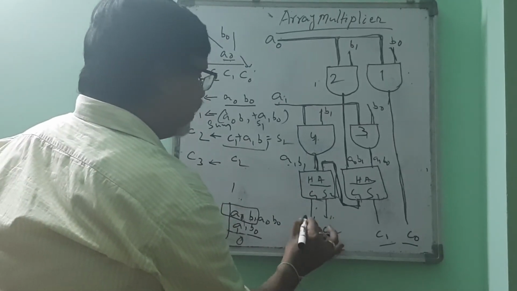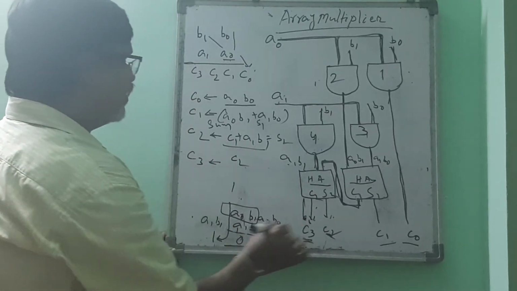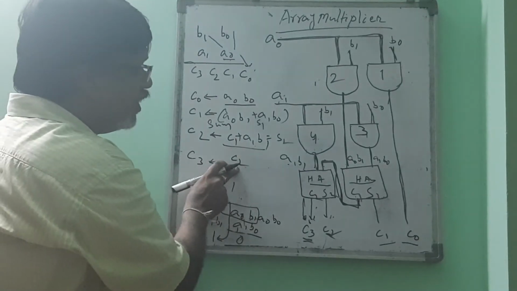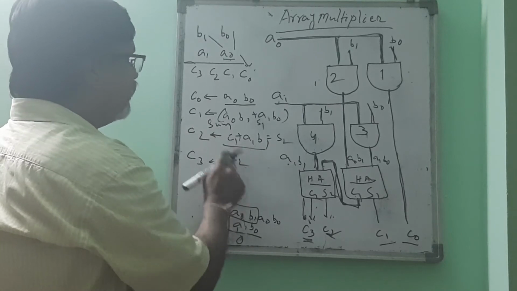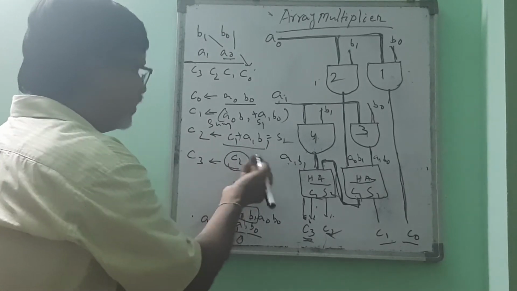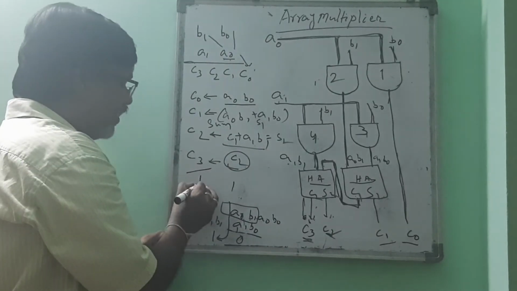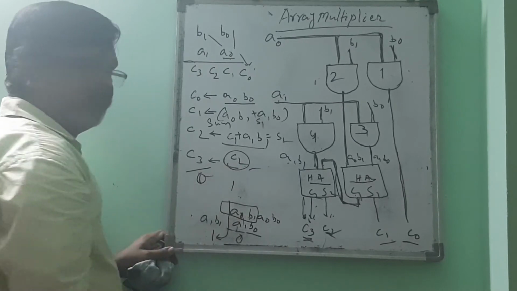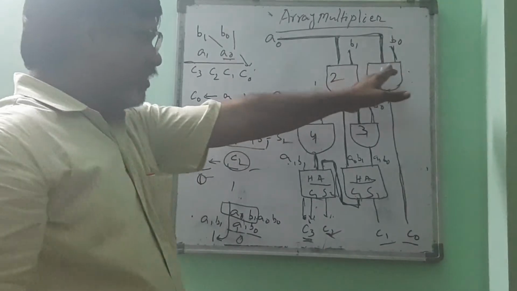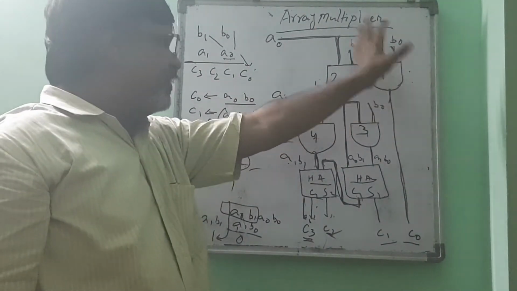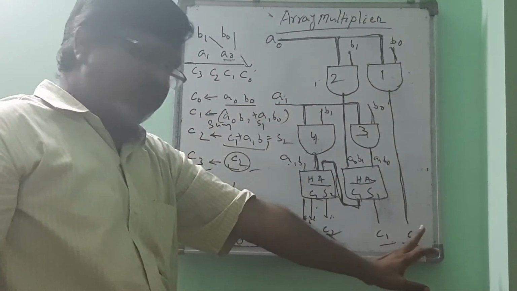This C2 is different from the earlier carry; these are carry 1 and carry 2. If the carry is there, the C3 bit will be 1. If the carry is not there, the C3 bit will be 0. Clear? So I am repeating again. First AND gate 1 takes A0, B0 and it is written as C0.